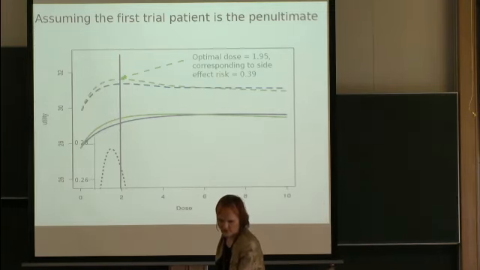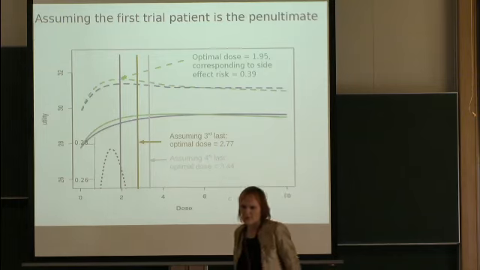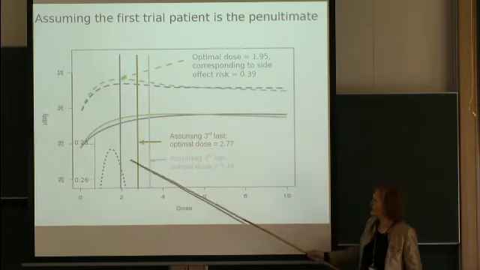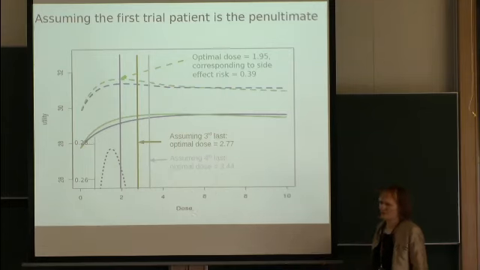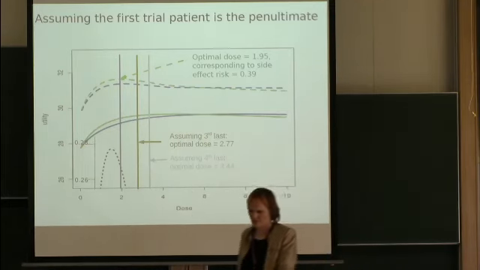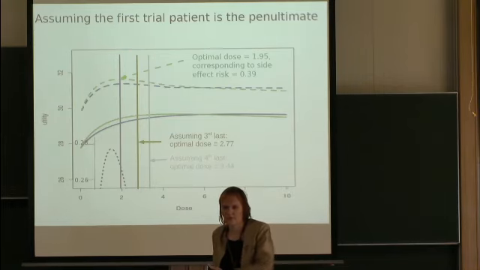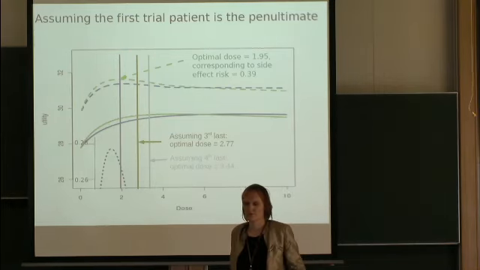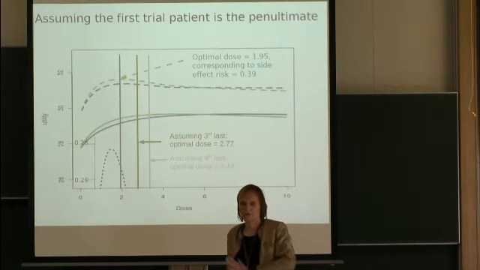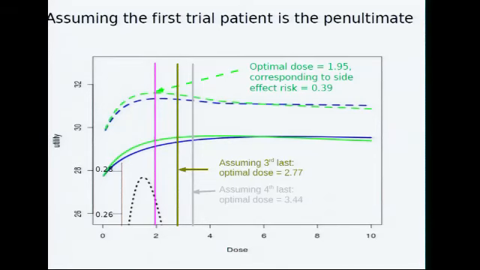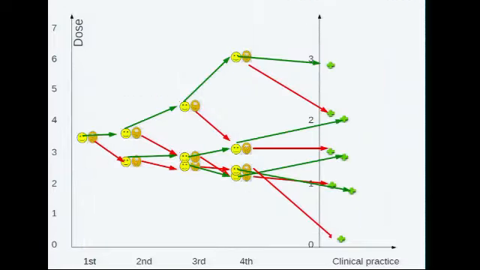If we instead assume that the trial patient under consideration is the third last or the fourth last, it starts climbing up again. So yeah. And hopefully this converges at some point, because if I have to integrate the whole utility function over the whole trial for a duration of much more than 4 patients, then it becomes a computer resource problem.